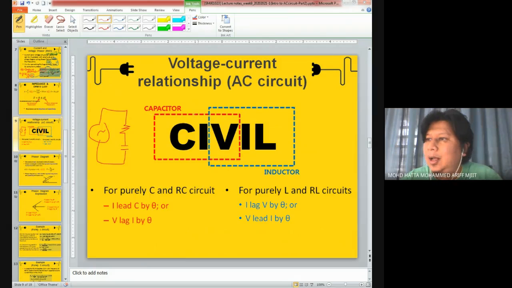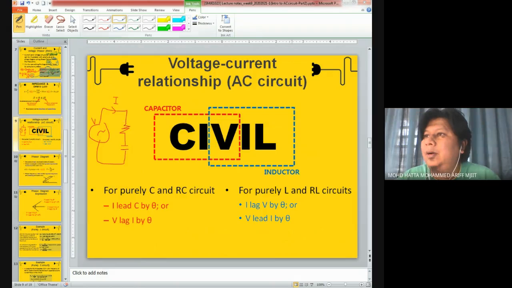So I will go into this red box, and the relationship between current and voltage over here is given by these three letters, CIV, where for a capacitor, I would say that the current will always lead the voltage by certain degrees, depending on whatever value your impedance angle is over here.